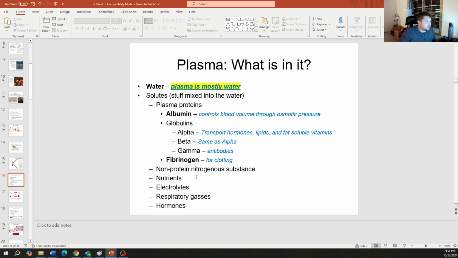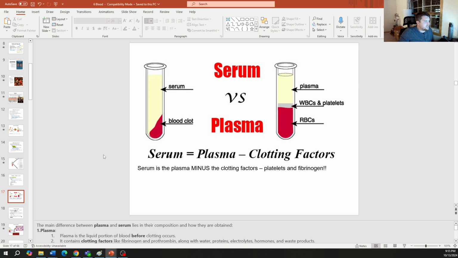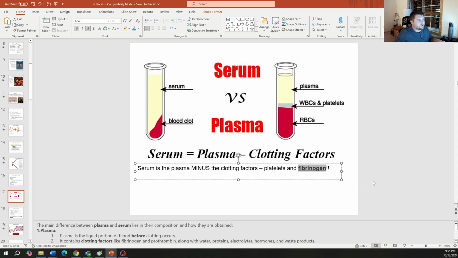So think of the fibrinogen specifically, and any additional bits and pieces like potential platelets, primarily fibrinogen. Let's call them the clotting factors, the things that help with clotting. You take those out and you're left with serum.